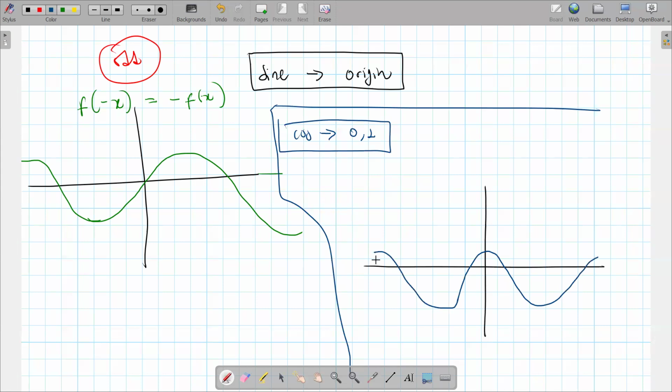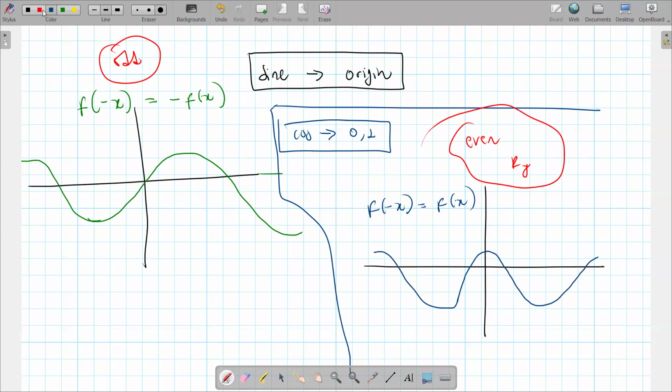Is this an odd function or an even function? Even function is something that's reflected on the y-axis. So this is an even function, okay? It's like putting a mirror on the y-axis. An even function, when you put in a negative x value, the negative value completely disappears.